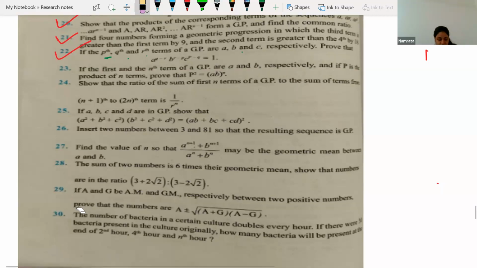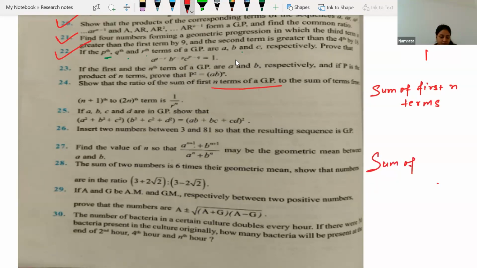It's written like this. Show that the sum of first n terms of the GP to the sum of terms from n plus 1th term to 2nth term.